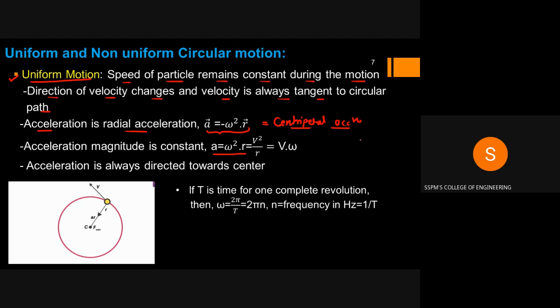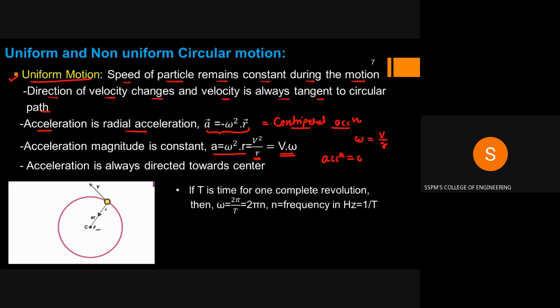As omega is equal to v upon r, we can replace this omega square by v square upon r square into r. So we get the equation for centripetal acceleration as v square upon r, or we can write this equation as v into omega. So for the acceleration in uniform circular motion, we have three equations.